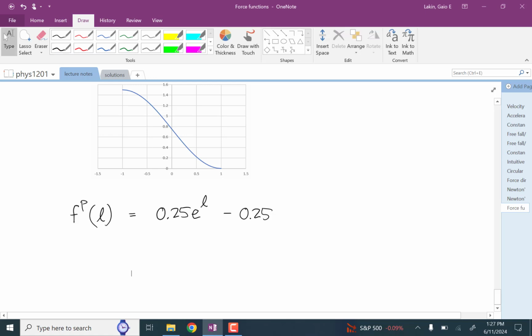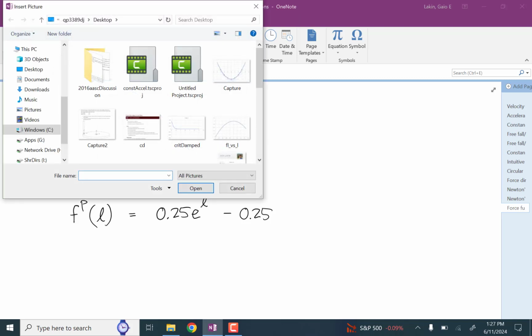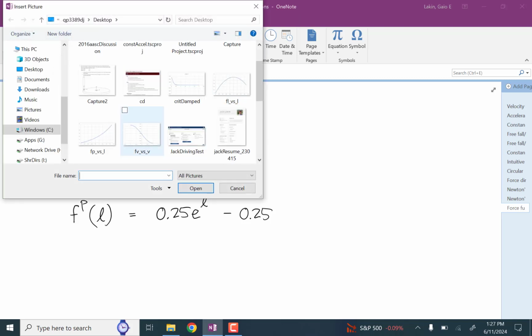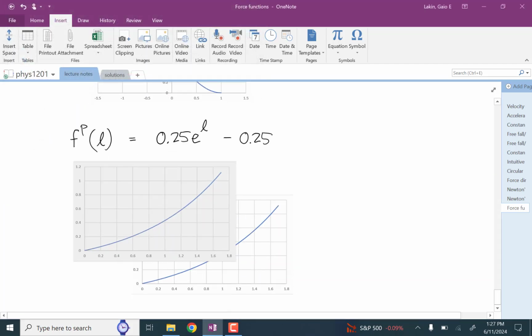And what that function looks like is basically there's no real passive resistance when the muscle is short, but as it gets longer, the muscle resists being stretched more and more.